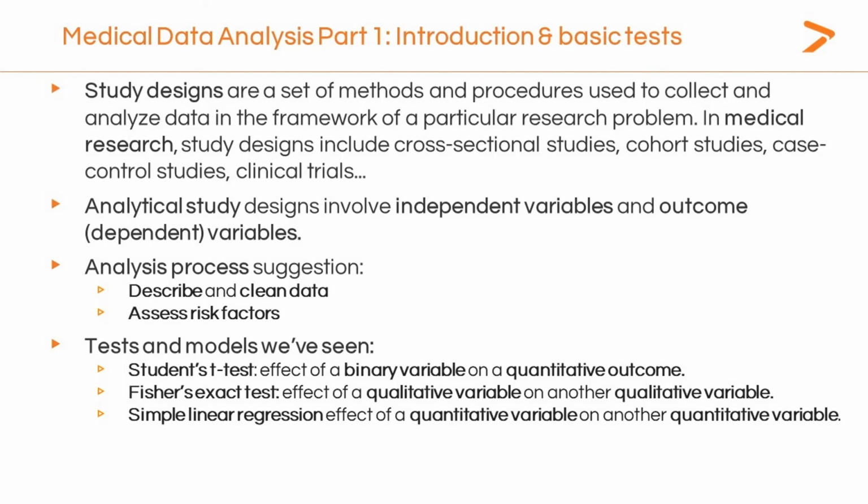This is an analysis process suggestion: describe and clean the data, very important, then assess the effect of the independent variable on the outcome. And you can use the two guides I gave you in this presentation to choose one mainstream method. Otherwise, you can look for other methods which may be a little bit more appropriate for your specific data and questions. And we've seen many tests and models that are linked to specific situations.